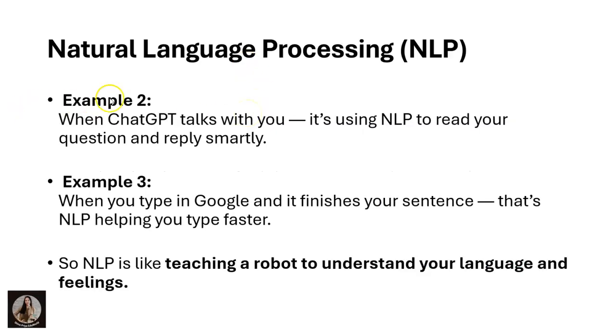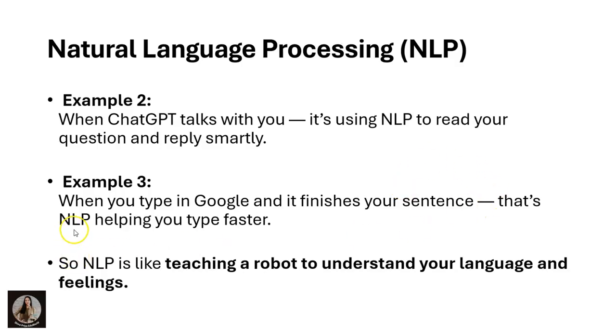Let us see two more examples. When ChatGPT talks with you, that is also using natural language processing to read your question and reply smartly. Whenever you ask something to ChatGPT, it will understand what exactly you are asking for, and it will reply very smartly according to your need. One more example, when you type in Google and it finishes your sentence automatically.